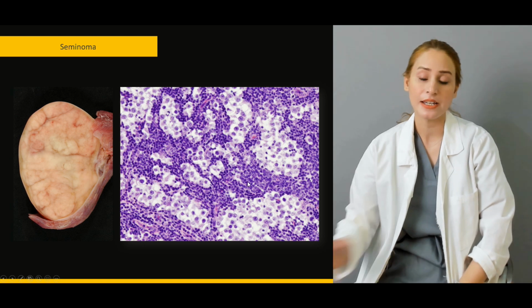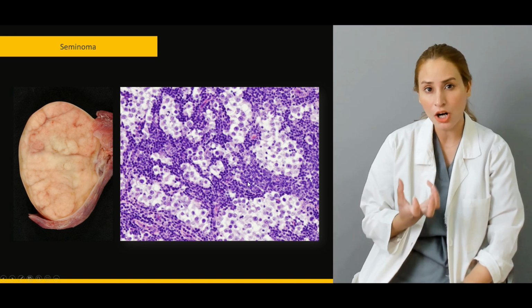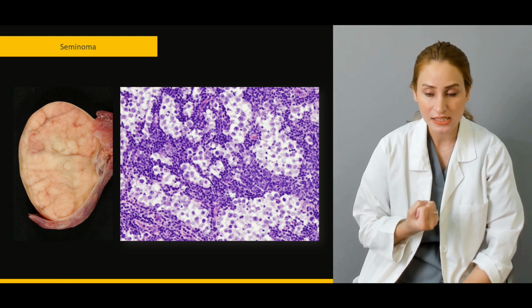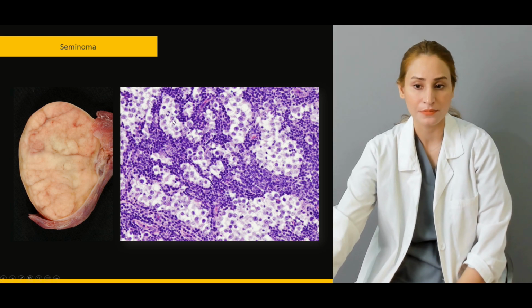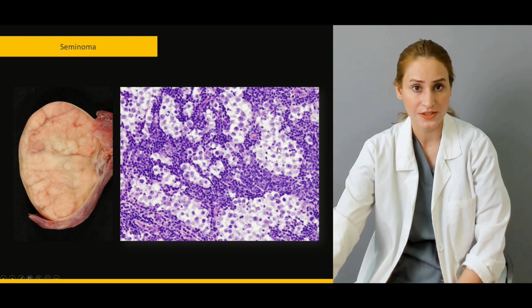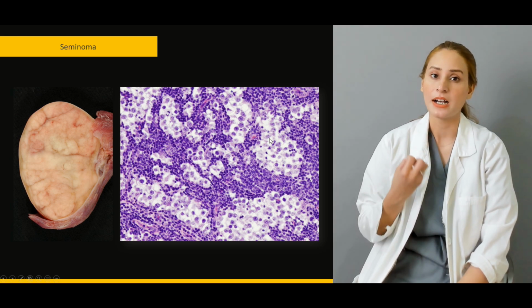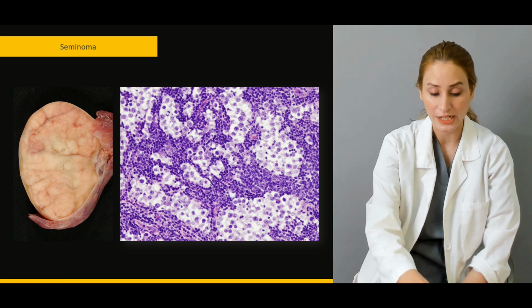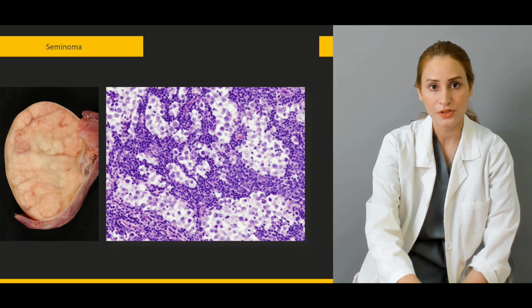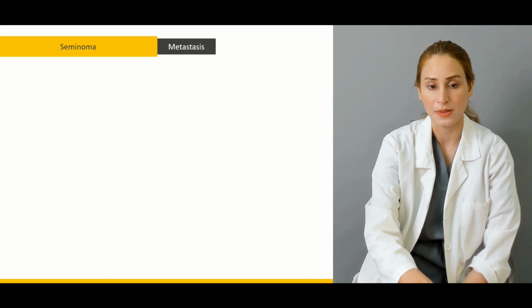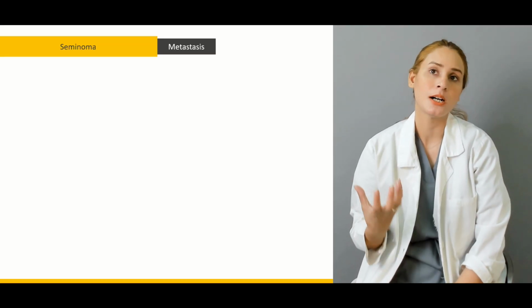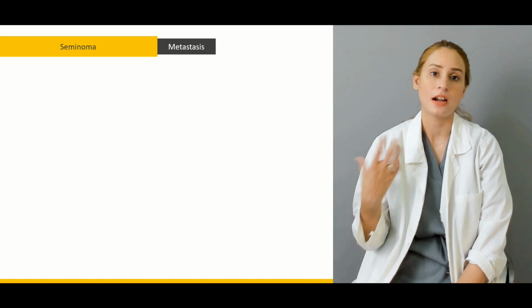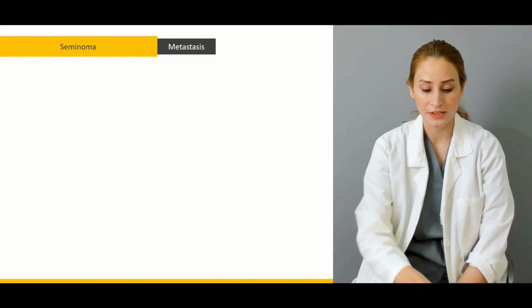In the seminoma, if you focus on the central part, you can see large clear cells, and most of the time they contain clear fluid. So seminomas are most common as compared to the non-seminomas, and our focus would be on the seminomas.